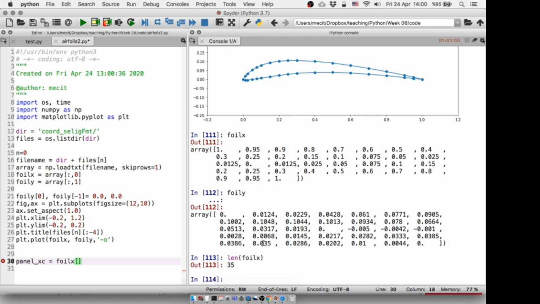So in other words, the first panel X will be something like this. So the X coordinate of the first point plus the X coordinate of the next point over 2.